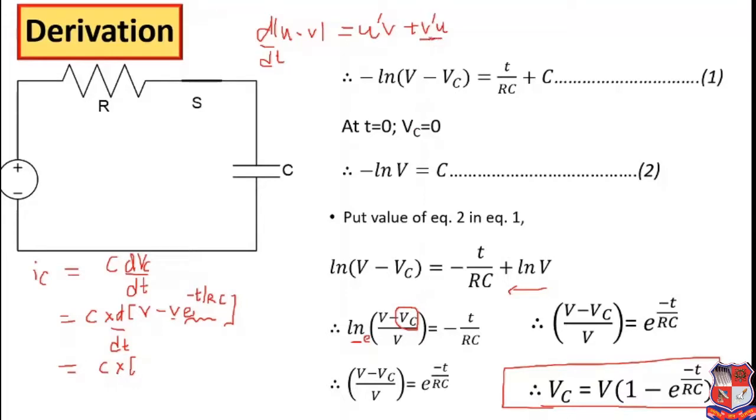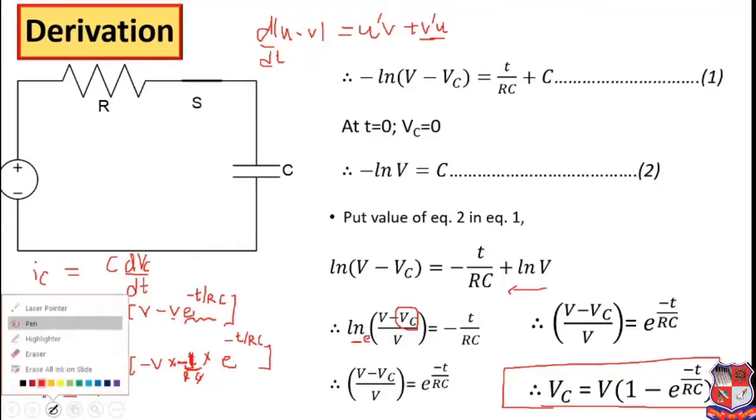So it means you will get minus V into minus t by RC, into e raised to minus t by RC. This will be the answer. Now this minus and this minus will give us plus, this C and this C will cancel, and this will not be minus t, it will be minus 1 by RC.